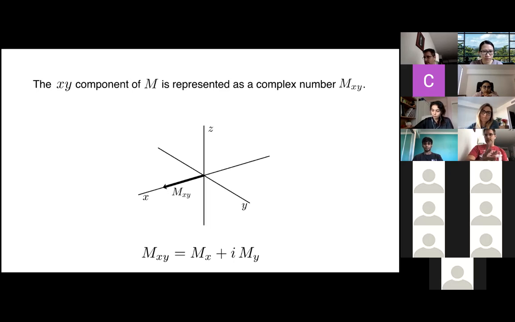And then the nice part about that is, how do you rotate a complex number? If you want to rotate by theta, you multiply by e to the i theta.